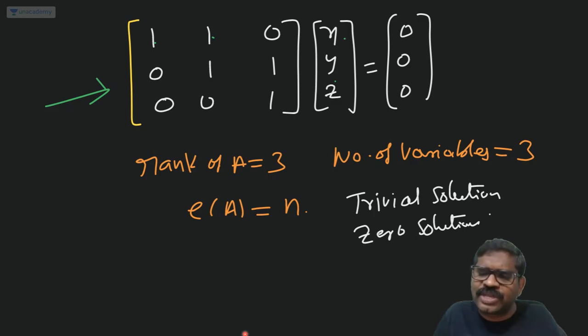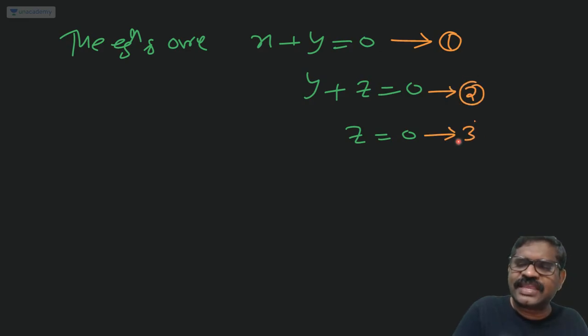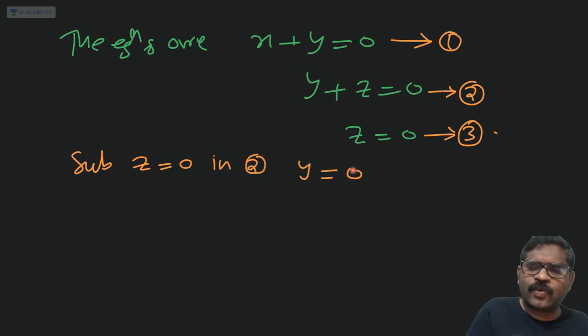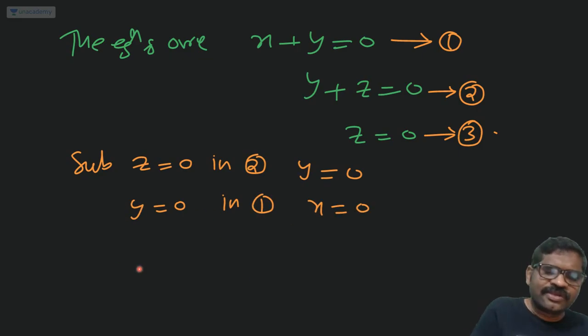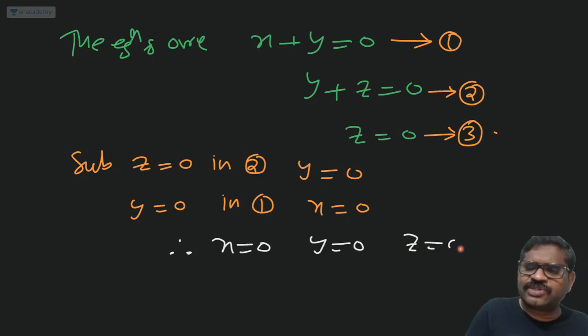Third row gives us z equal to 0. This is called 1, this is 2, this is 3. Substituting z equal to 0 gives y equal to 0. Substituting y equal to 0 in 1 gives x equal to 0. Finally, x value 0, y value 0, z value 0.